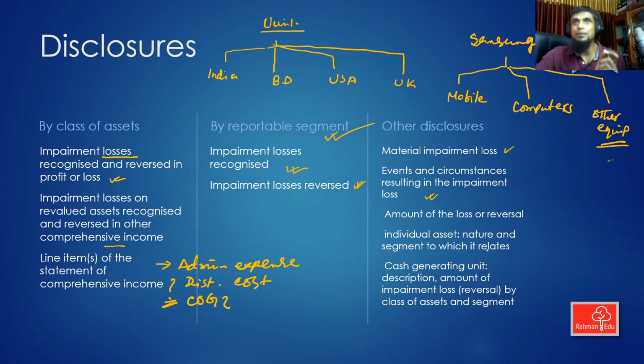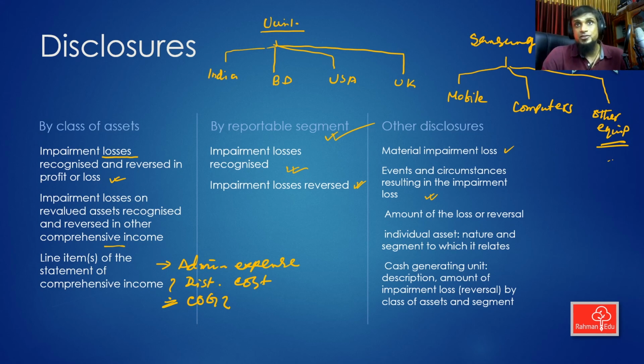Where the building belongs, what kind of building is impaired? And for a cash generating unit, a description of the cash generating unit, whether it's a subsidiary or a division that is impaired, amount of loss, reversal, class of assets and segments, etc. should be disclosed. Hopefully you got a general idea of the disclosures, right?